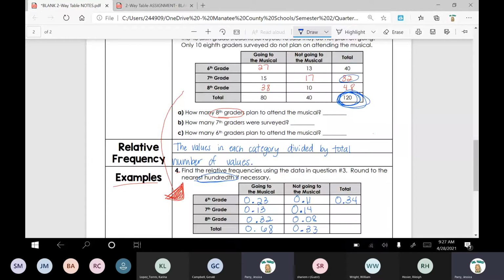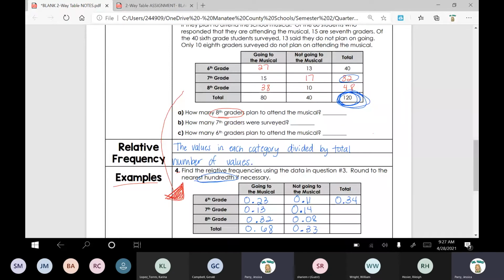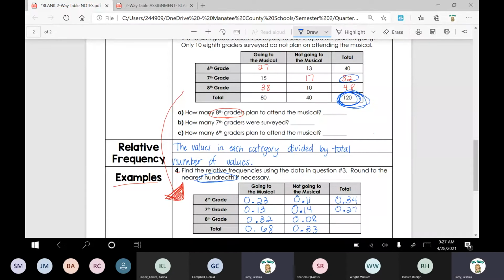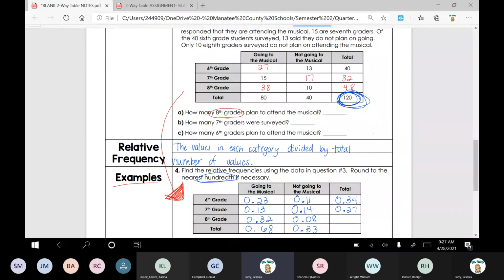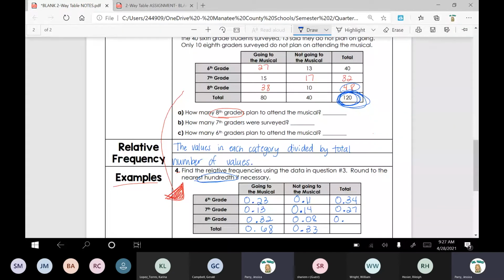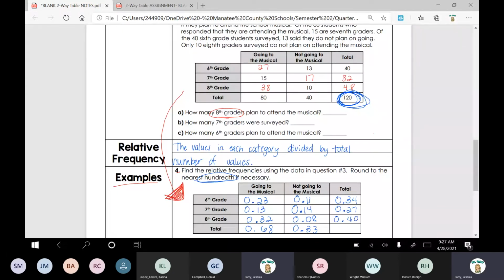And then we've got 32 divided by 120, 0.27. 48 divided by 120, 0.40. And then our last one here, again, still divide by that number, 120 divided by 120, and you get 1.